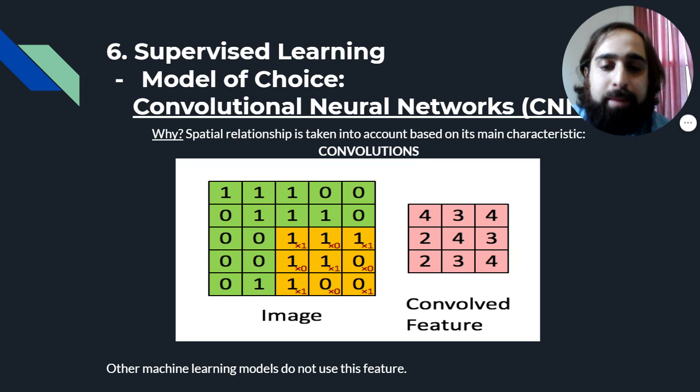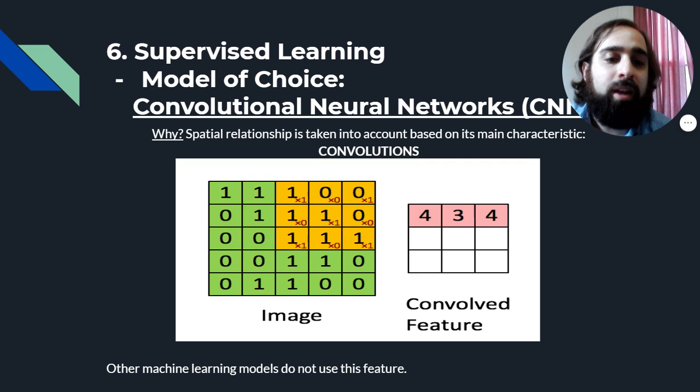And when I say that, I mean that the model begins with taking a hyperplane called a kernel, and it hovers over an area of the image and convolves it down to kind of a more compressed set of features. And what those numbers mean, the 4, the 3, the 4, is essentially a value based on that general area.